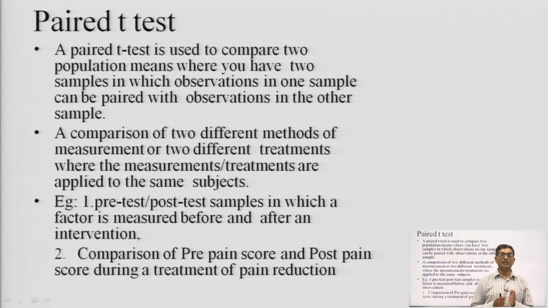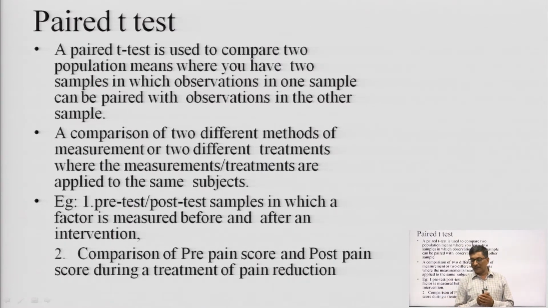So, this is also called the dependent t test or t test for two dependent groups. It is a comparison of two different methods of measurement or two different treatments where the measurement or treatment is applied on the same subject. Remember, the subjects are the same at both times.